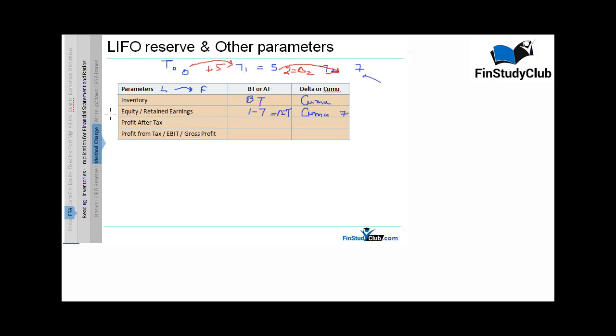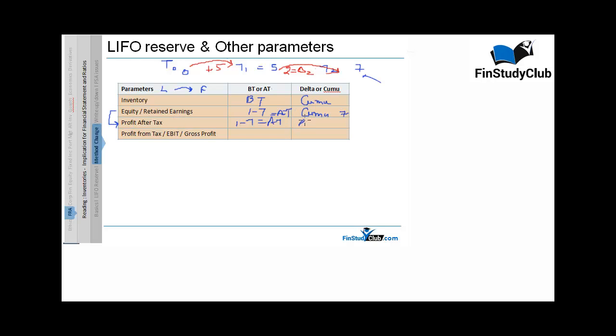Obviously, because equity belongs to the equity shareholders, and equity shareholders get the value only after payment of taxes. So as a general rule that I would conclude later, anything which will be given to the equity shareholder will have to be after tax. The next point comes to the profit after tax. I'm going to take it 1 minus T again as an after tax level. But what you need to understand is the difference between the two is PAT is for respective years.